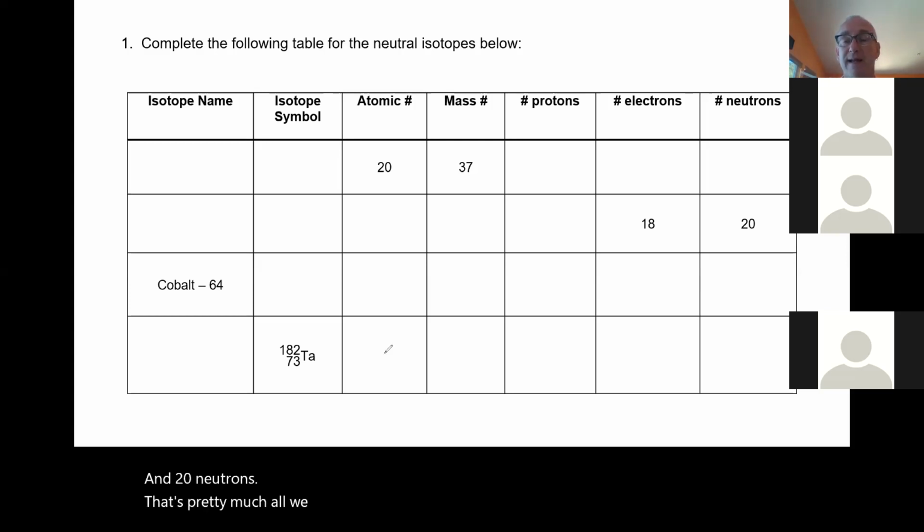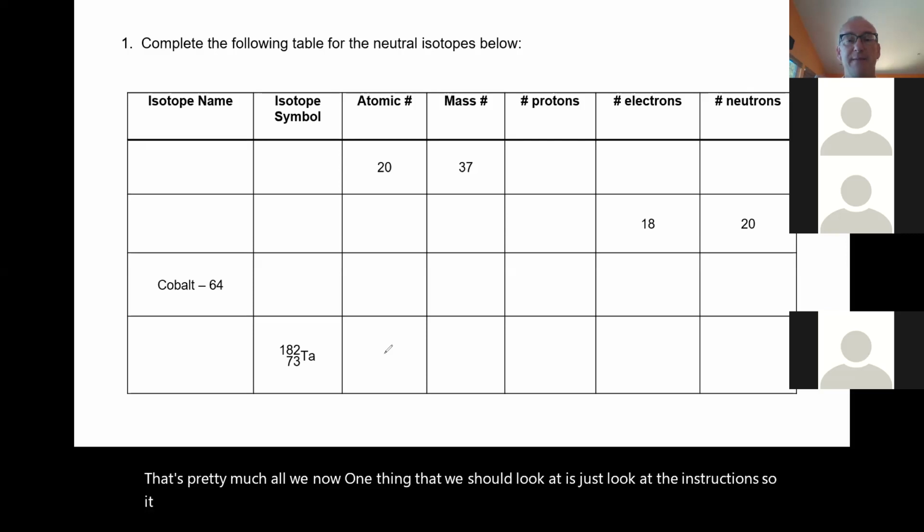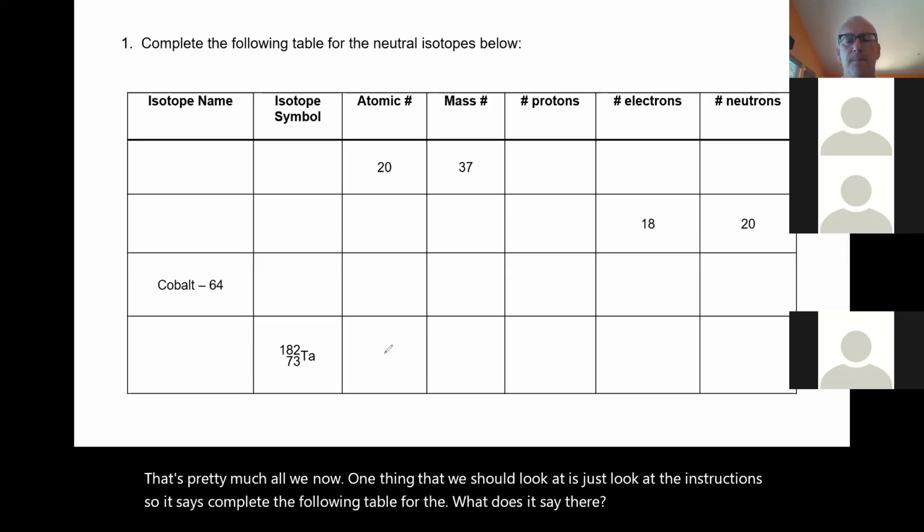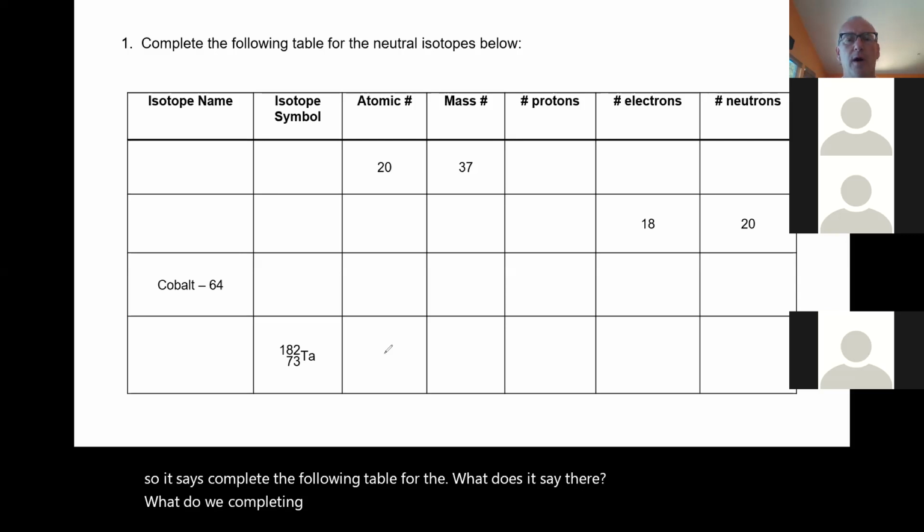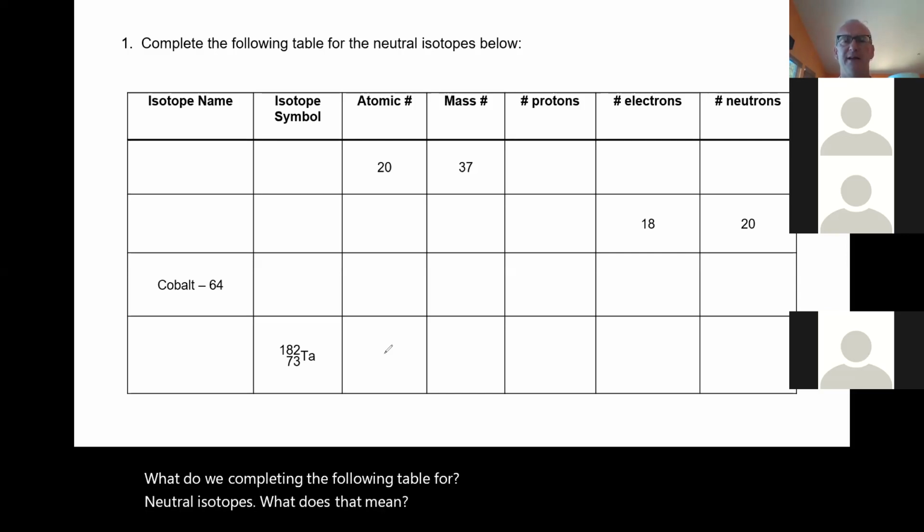Now, one thing we should look at is the instructions. It says complete the following table for the what? What are we completing the following table for? Neutral isotopes. What does that mean? If an atom is neutral, what does that mean?